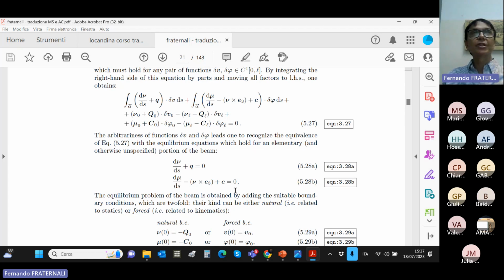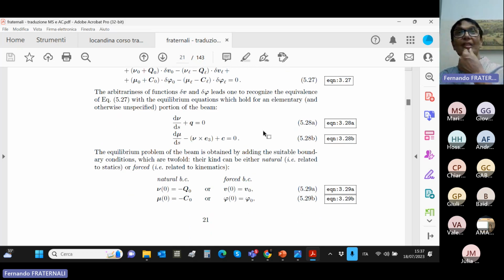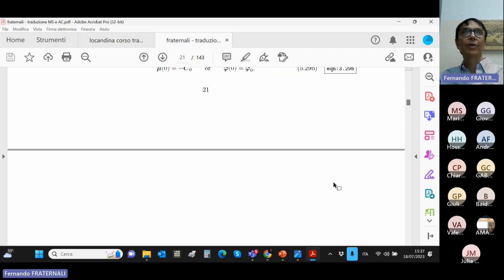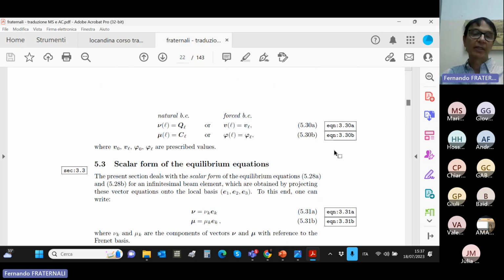Those equations are the same as those of a straight beam. But we will see that when we write these equations in scalar form, they are markedly different from those of the straight beam. And we have the classical natural and forced boundary conditions, which impose either the displacements or the stress resultants and the resultant moment equal to prescribed values on the end sections.